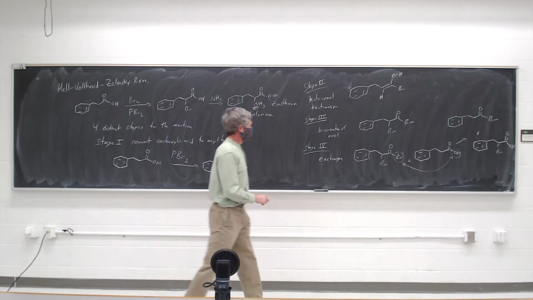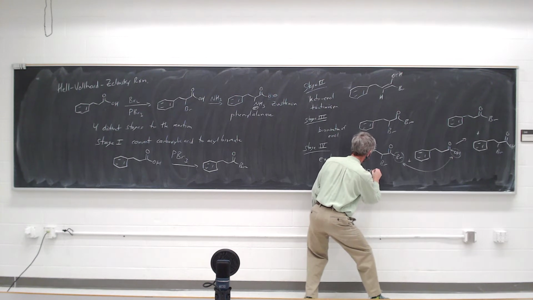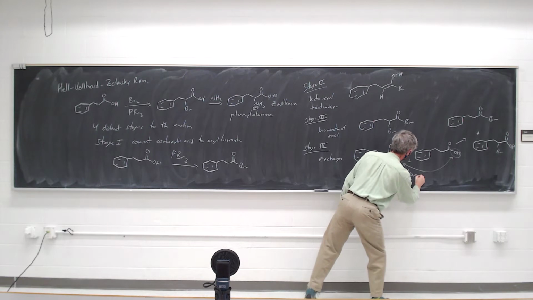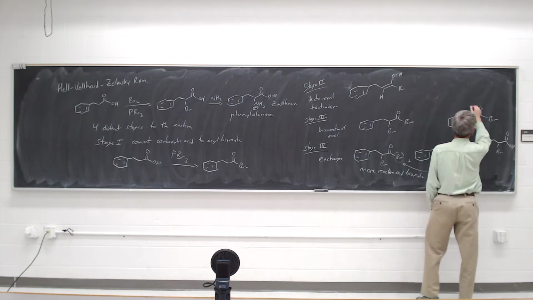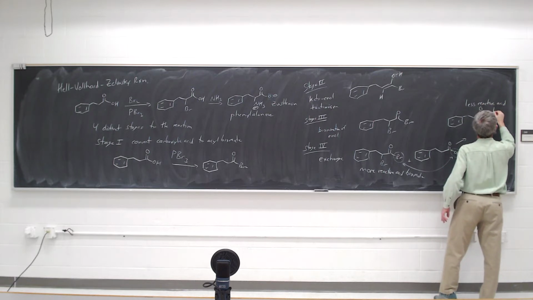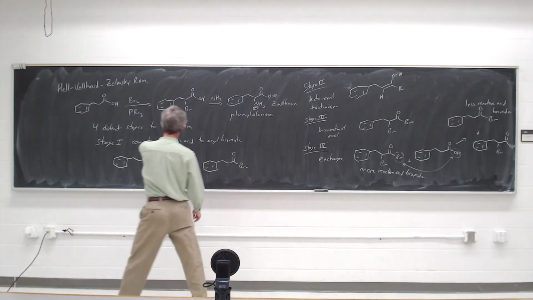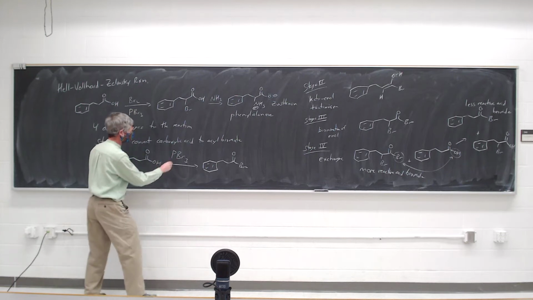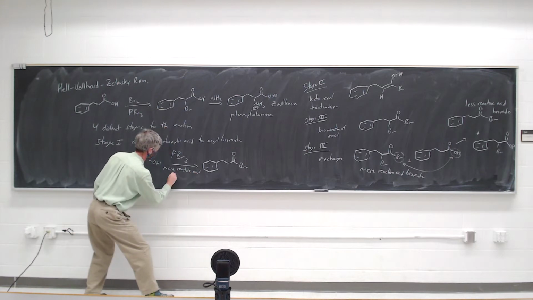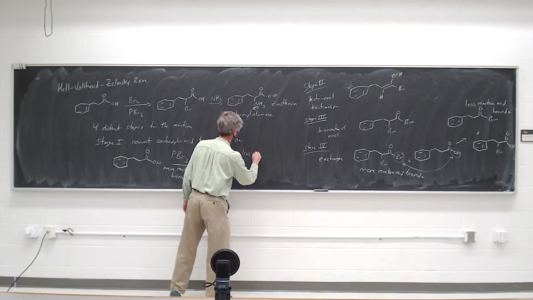And the reason this works is this is a more reactive acid bromide, and this is a less reactive acid bromide. It's actually identical to the reason this one works, where PBr3 is the more reactive acid bromide and the carboxylic acid bromide is the less reactive acid bromide.